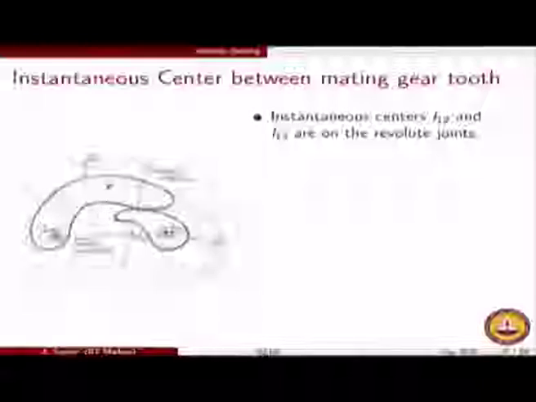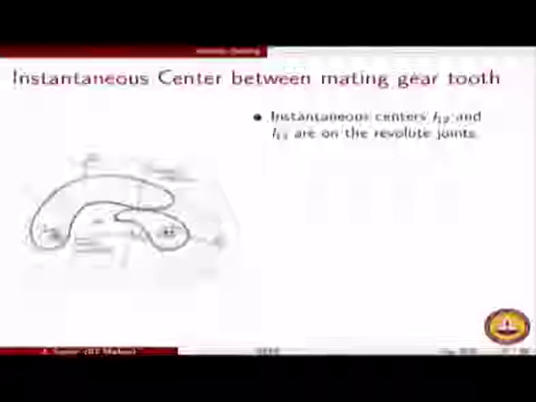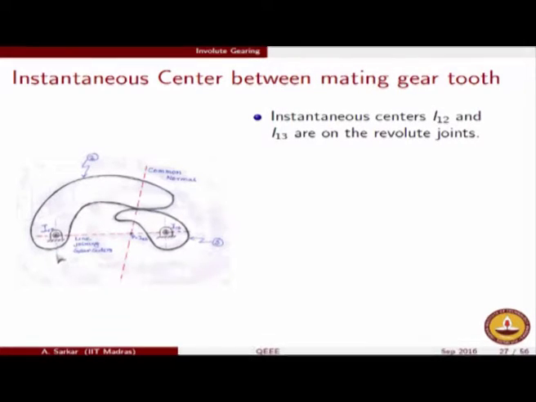Also what we know is that this body 2 is pivoted at this point. Because body 2 with respect to the frame, which is body 1, is undergoing only relative rotation, and that relative rotation is about the pivot point. So the pivot point, or the revolute joint, is the instantaneous center between body 2 and body 1, and similarly body 3 and body 1.